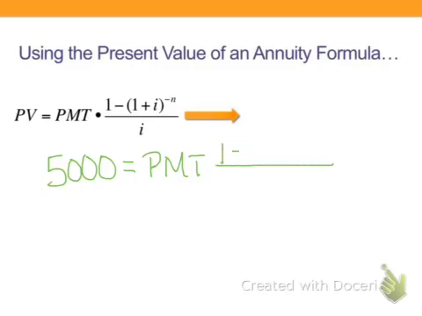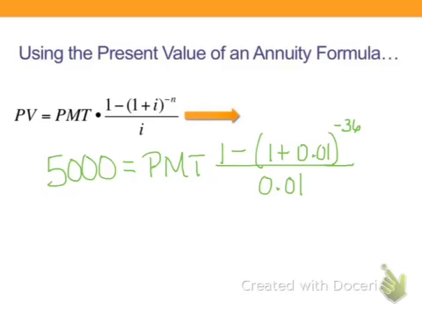Now for the rest of this, in our parentheses we have 1 plus i, and they told us specifically in the problem that we were going to be using 1% for i because it was 12% compounded monthly. And since it's 36 equal monthly payments, we'll have a negative 36 as our exponent. And then on the bottom, we again use i, which is 0.01.